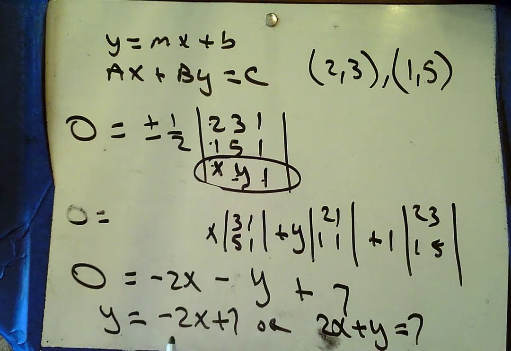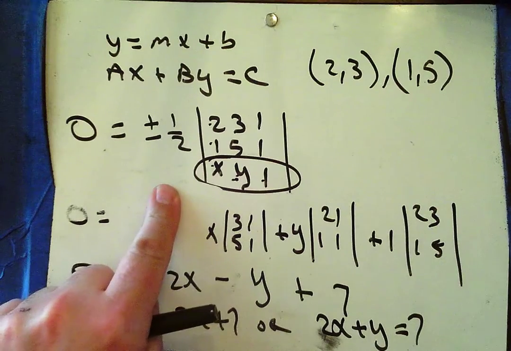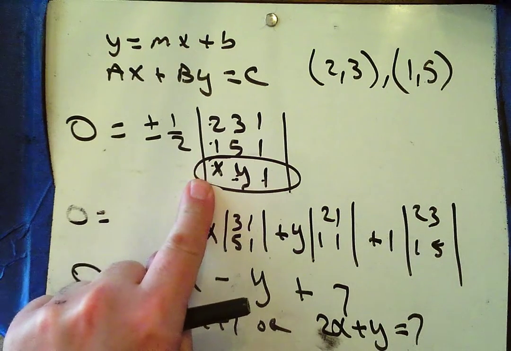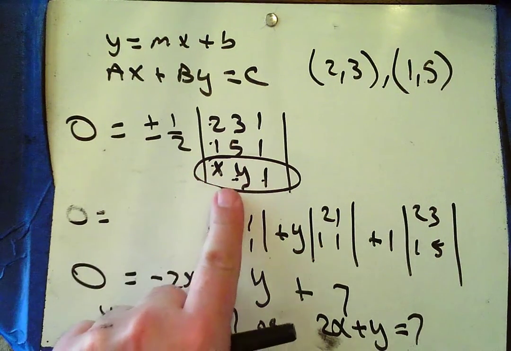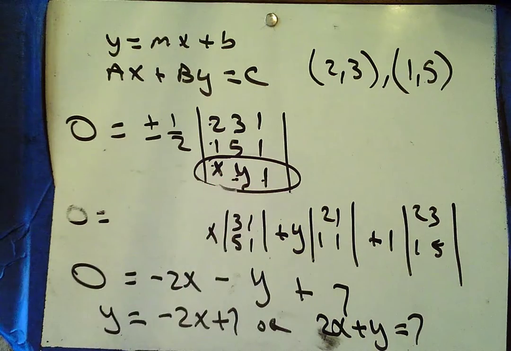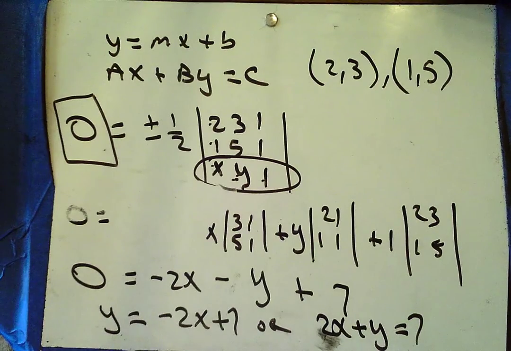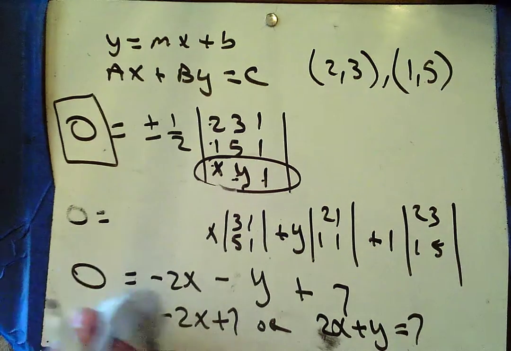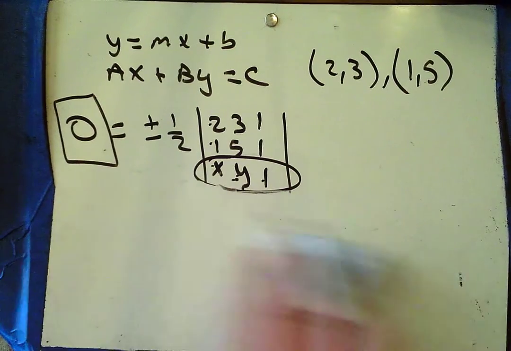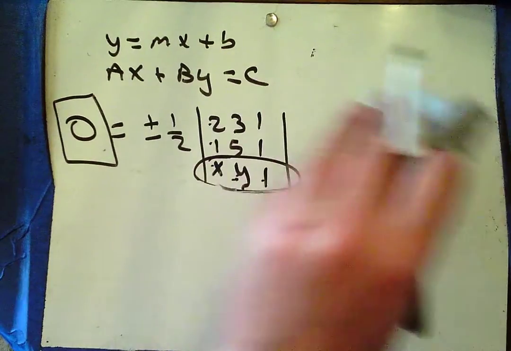I can get standard form or slope-intercept form simply by using this determinant of the area of a triangle with the third vertex being (x, y), and knowing that those points are collinear, and I can write the equation of the line almost as fast, well, probably as fast as the Algebra 1 student can find the slope and the y-intercept. Maybe even faster, because some of them are really slow at it.